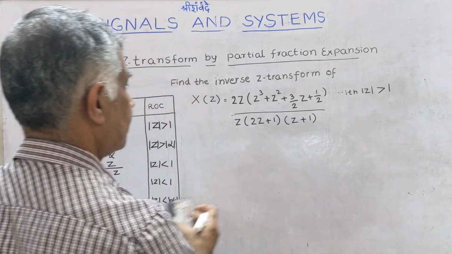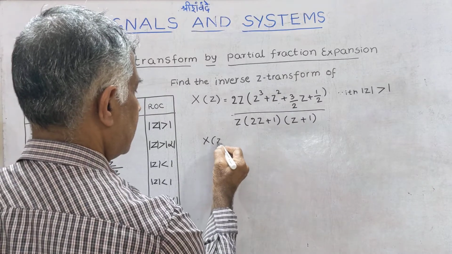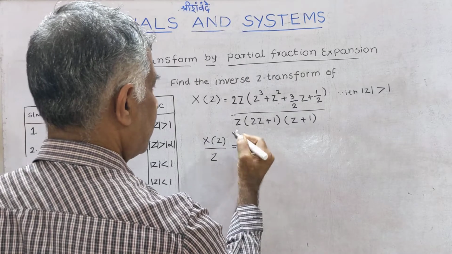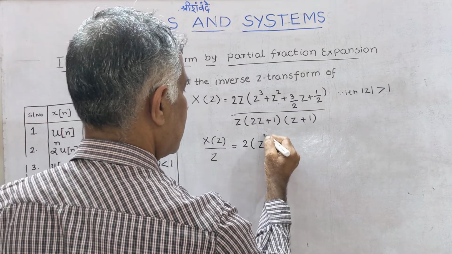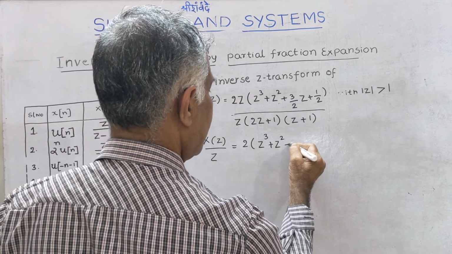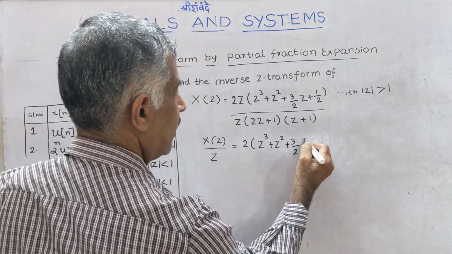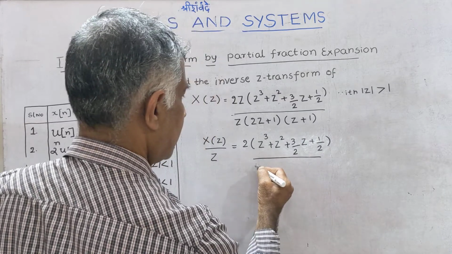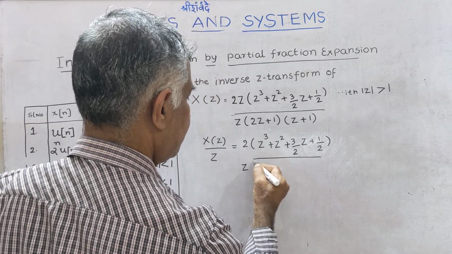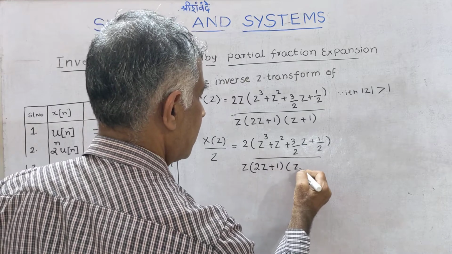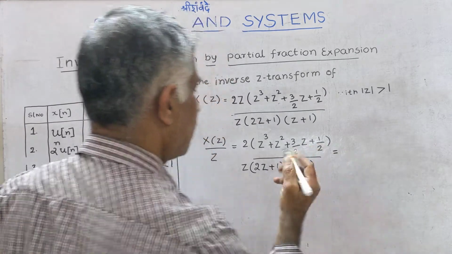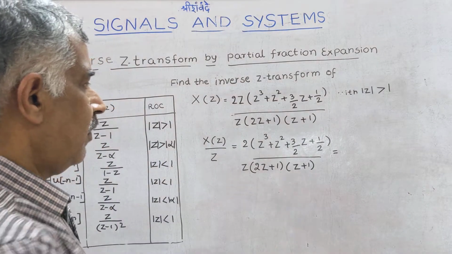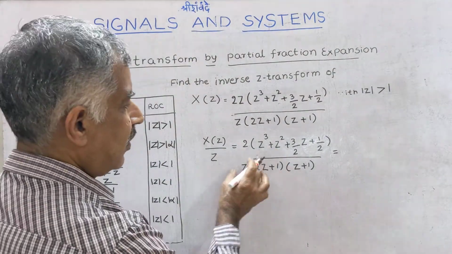Now I will take this z here: X of z by z equal to 2 into (z cube plus z square plus 3 by 2 z plus half) divided by (2z plus 1) into (z plus 1). These are the factors.